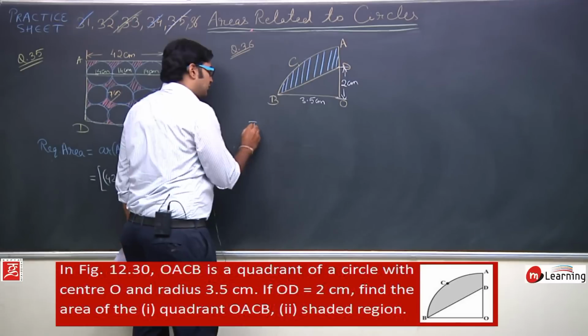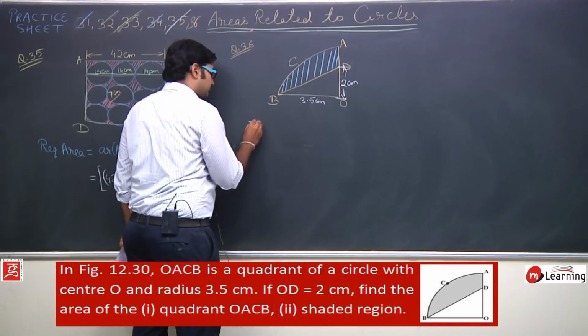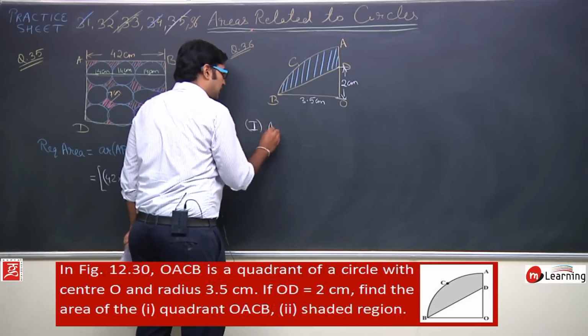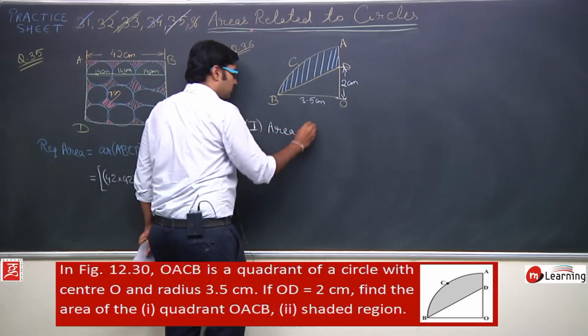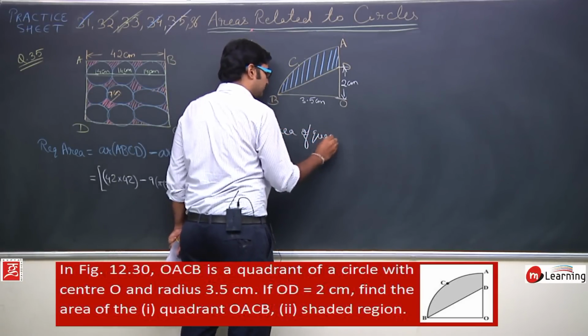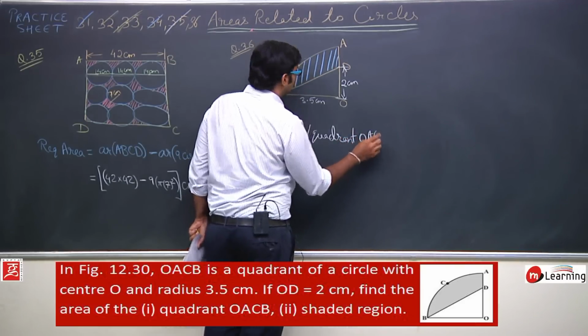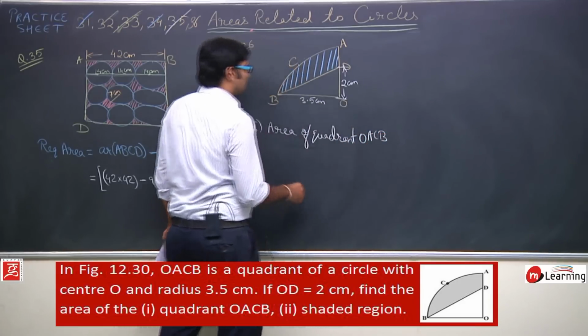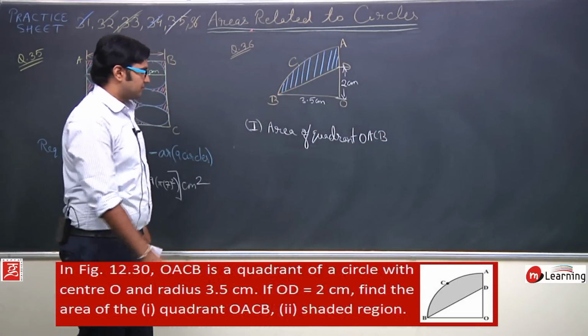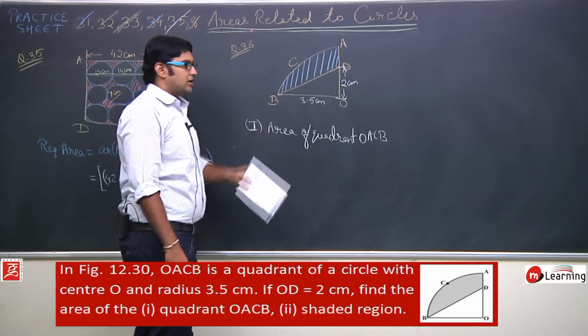So the first thing that we need to determine is the area of quadrant OACB. Now what is the area of quadrant OACB?